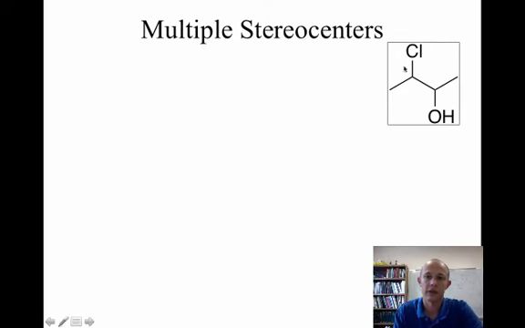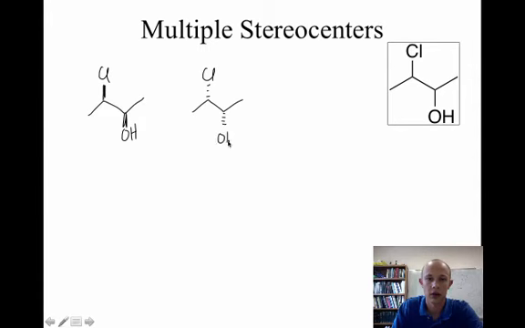Okay, so let's reference this compound. I said that there's 4 different stereoisomers that we could have of this compound. We could have one where chlorine is up and OH is up, or one where chlorine is back and OH is back, or one where chlorine is back and OH is up, or one where chlorine is up and OH is back.